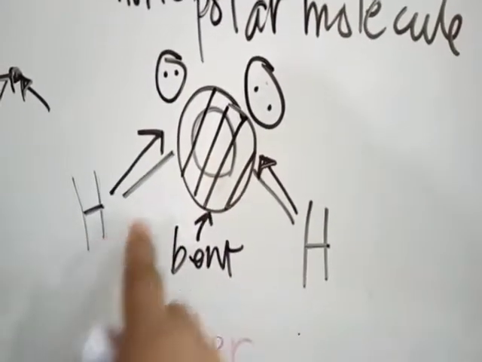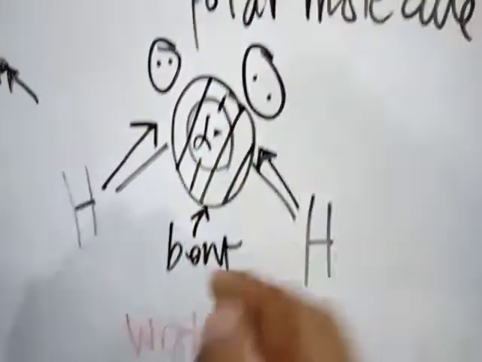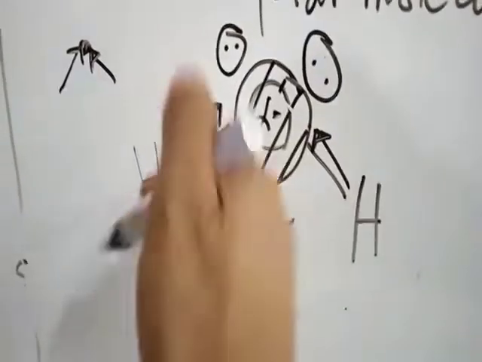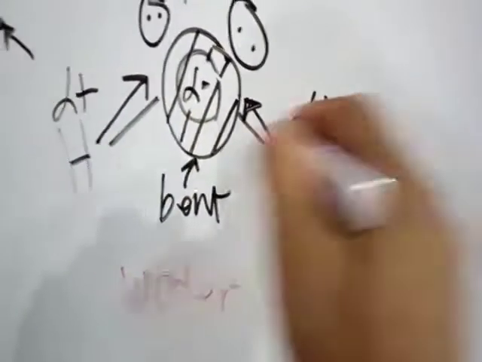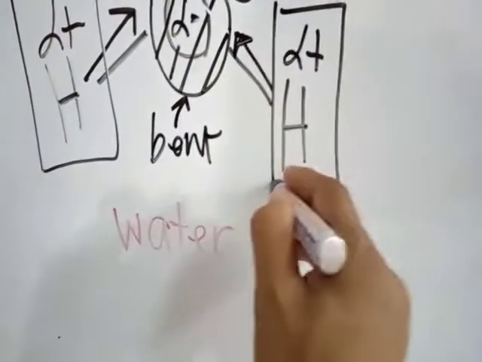So where is the partial negative? The oxygen is partial negative because electron clouds are coming to oxygen and they are leaving hydrogen. So hydrogen is partial positive. This hydrogen also is partial positive. Because it's partial positive, we will enclose it in a box.